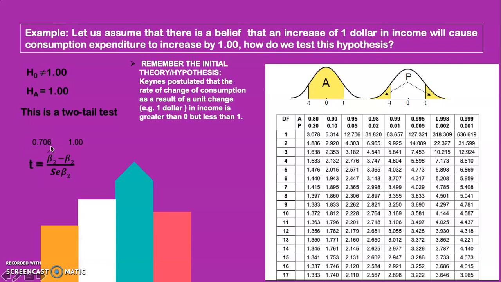That is, an increase of $1 in income will cause consumption expenditure to increase by a value that is greater than 0 but less than 1. And our analysis gives us a value of 0.706.